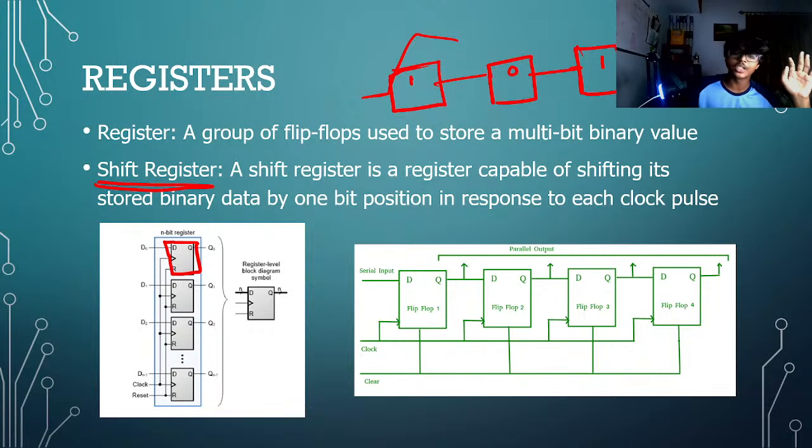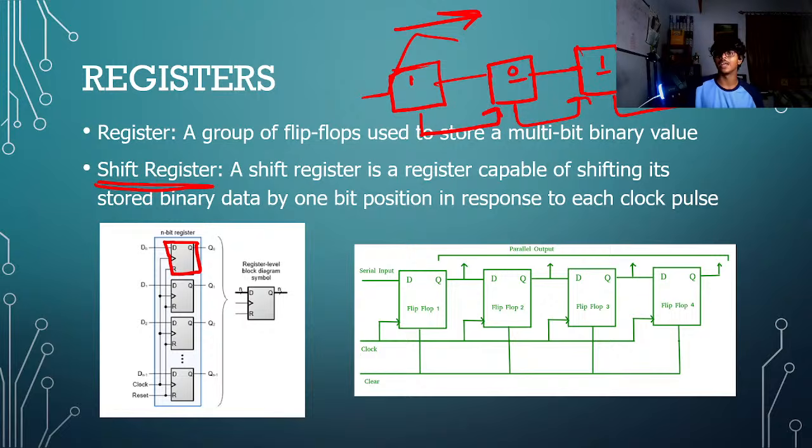Now a shift register basically has the ability to shift whatever data it has stored through to the next flip flop. I can give it a clock signal which shifts it to the next flip flop. So this bit 1 moves to the next flip flop, the 0 moves to the next flip flop, this 1 moves to the next flip flop, and this last 1 can be connected anywhere.